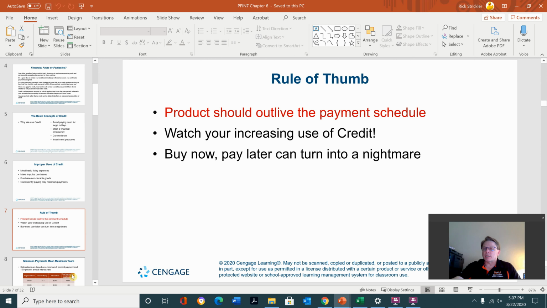The reason you would do that is to try to get the lowest payments. Okay? So it would be better to have higher payments and a shorter term, so that you can be finished paying it and the car is still worth something, as opposed to continuing to make payments even though the car is in constant need of repair.